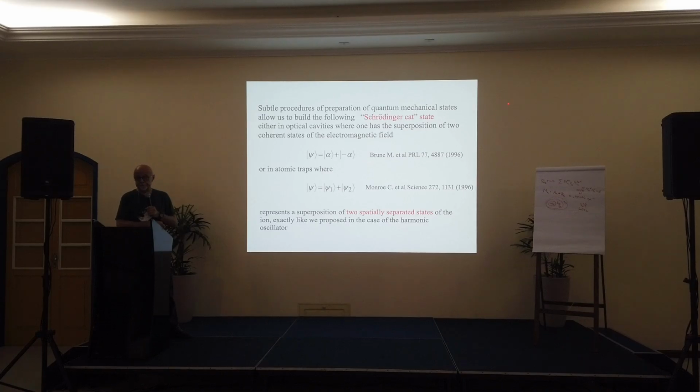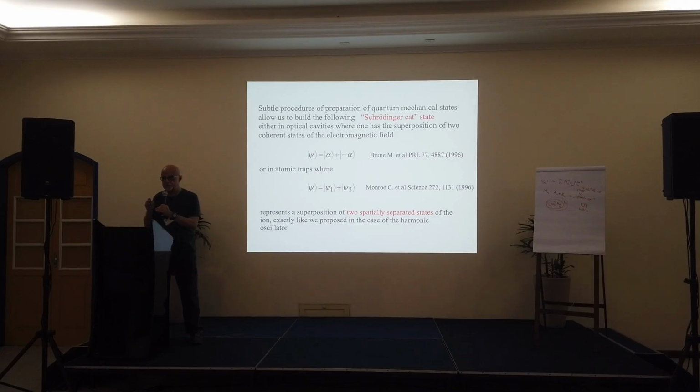And that was measured, right, by the group of Serge Haroche in Paris with coherent states. They prepared a sort of cat state of two coherent states, alpha and minus alpha, in a cavity, and then they can see the destruction of interference in a very short time scale, depending on this distance, two alpha.